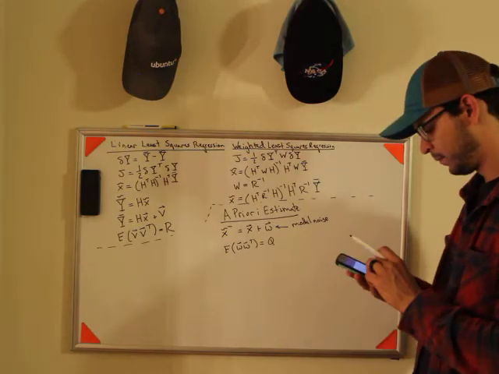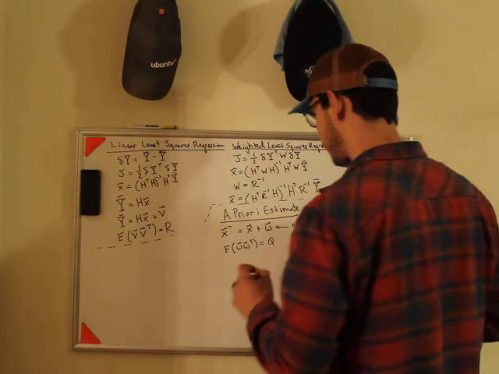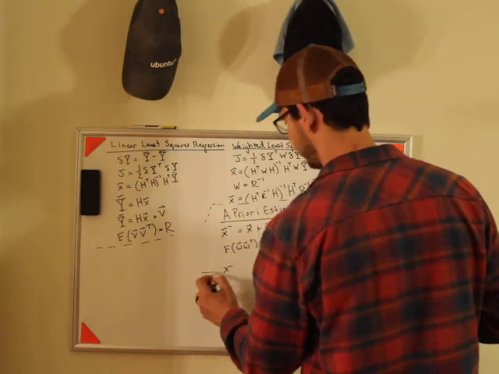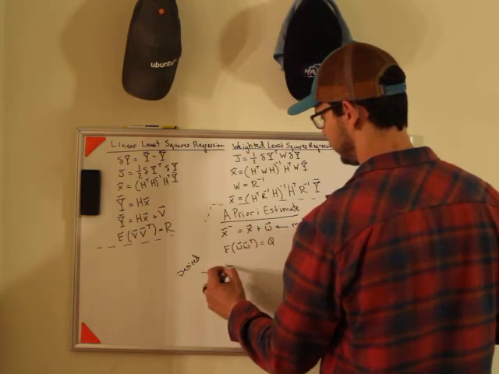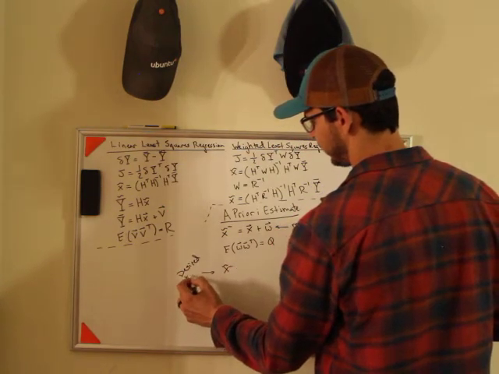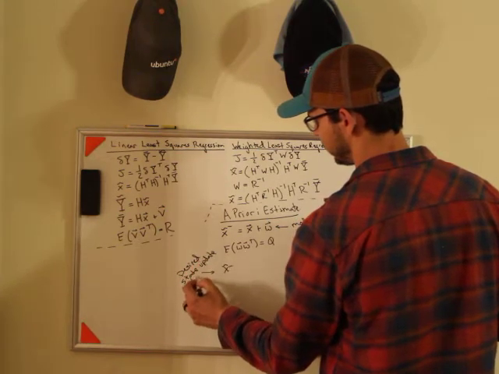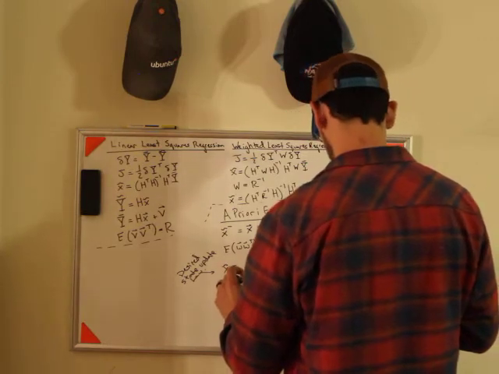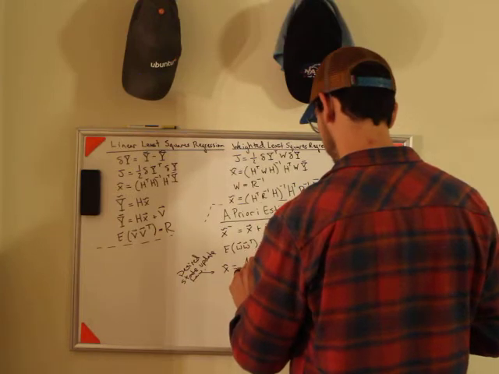Okay? From here, what I want is my estimate, this is my desired state update law. I want it to be equal to some, I'm going to call it lambda times a priori estimate plus gamma y bar.